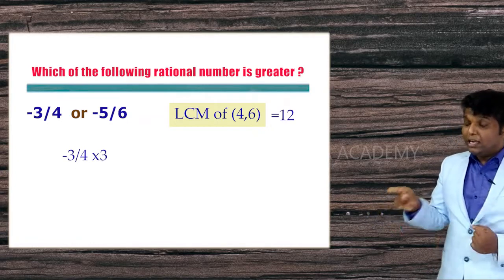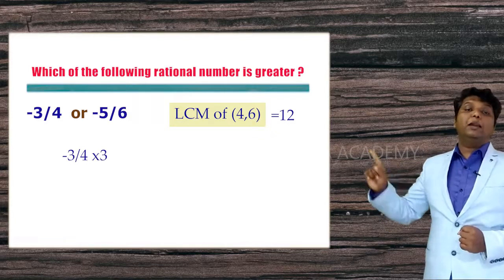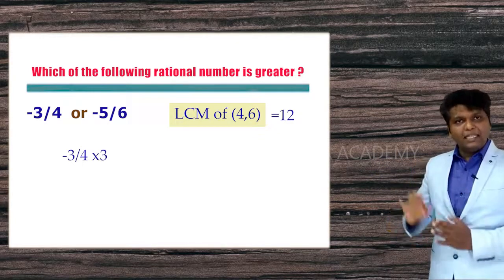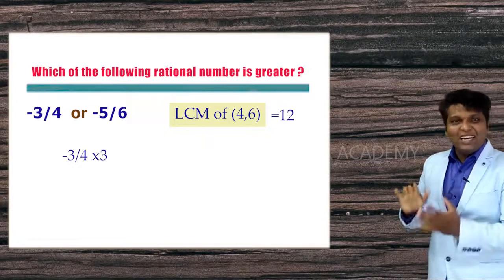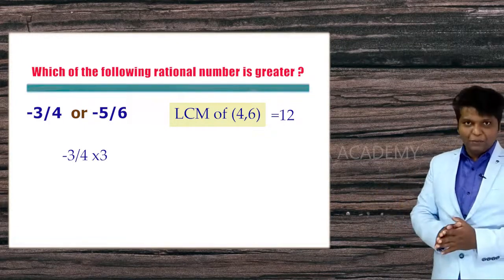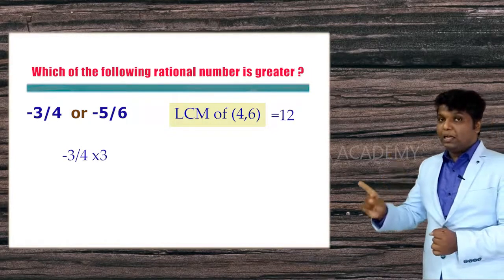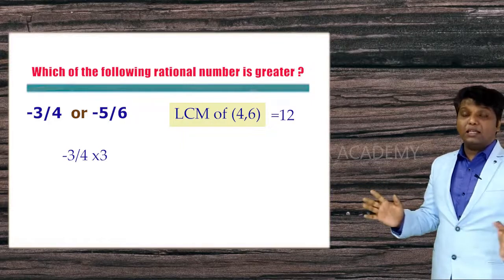I told you, if you are multiplying the denominator by any number, you have to multiply the numerator also by the same number so that there will be no change, or in mathematical terms, we can say there will be no change in value. So you have to multiply the numerator and the denominator by 3. How to understand by which number?